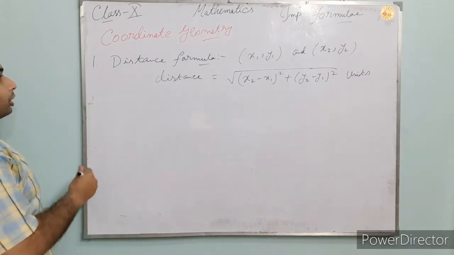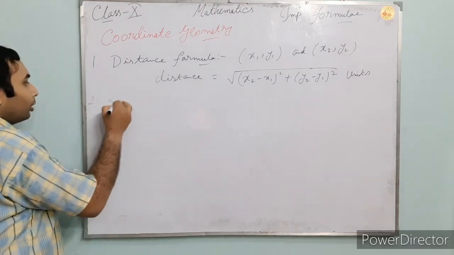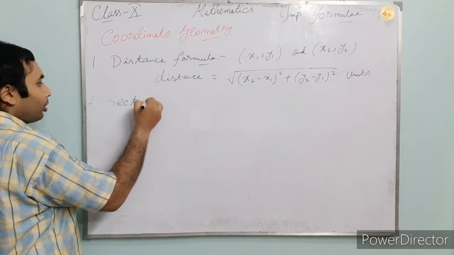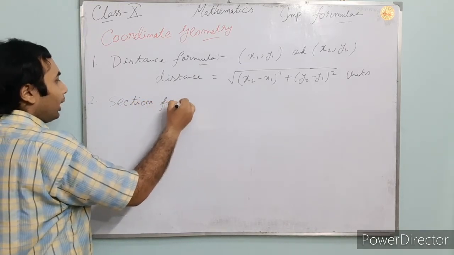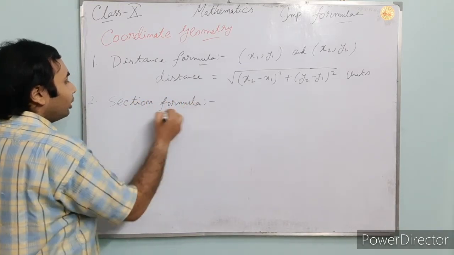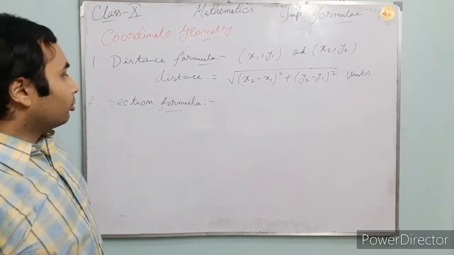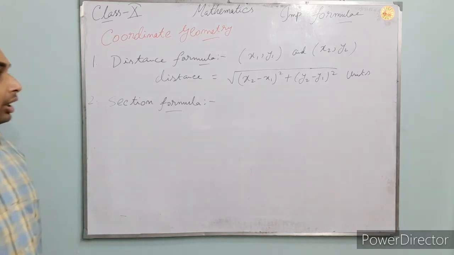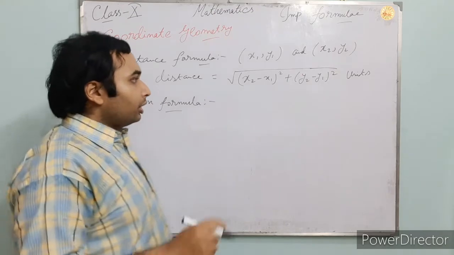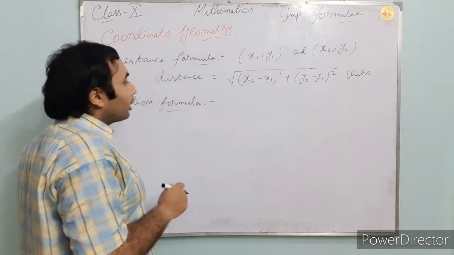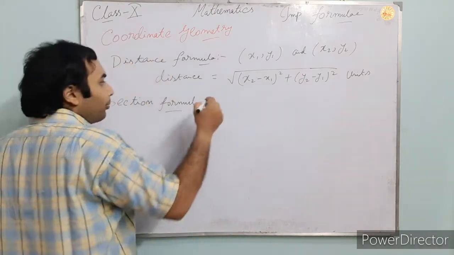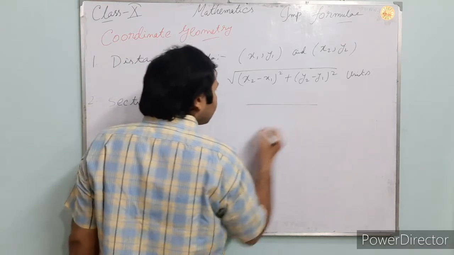Next formula is the section formula. What is the section formula? Two types of sections are there: internal section and external section. In your syllabus, only the internal section is there. Suppose the line is this one.